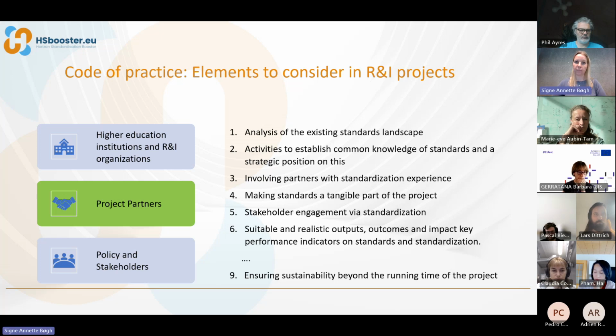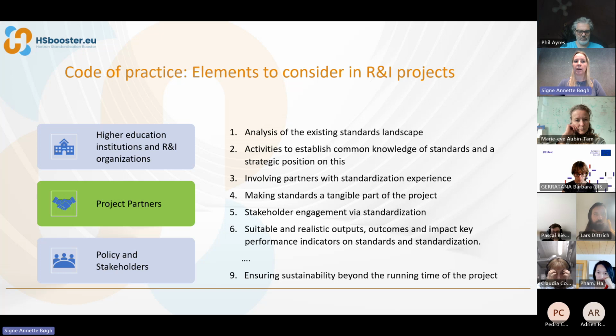In February this year, the Commission published a code of practice on standardization in research and innovation. You can find this online, or of course afterwards I will send out the slides and there will be a link for it. This code of practice from the Commission has three main areas.